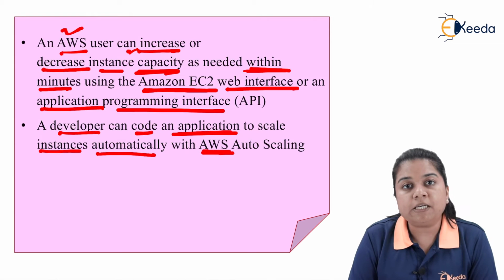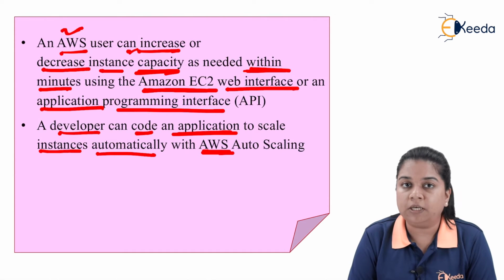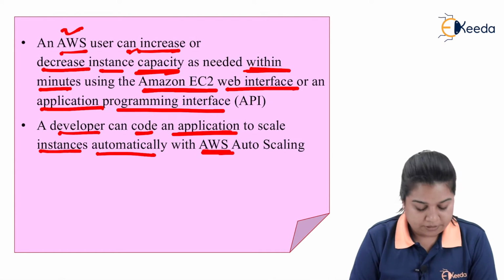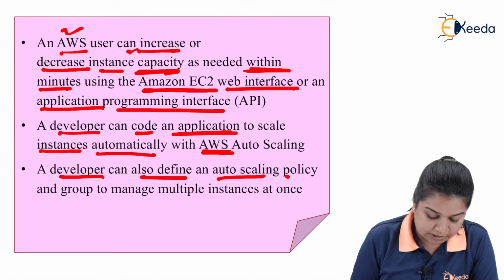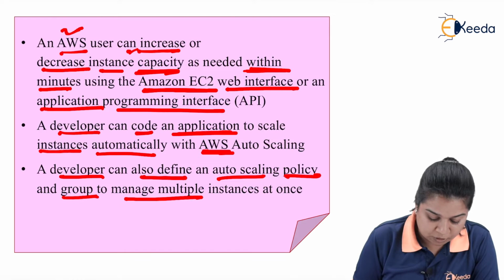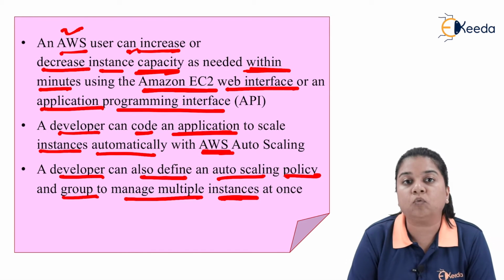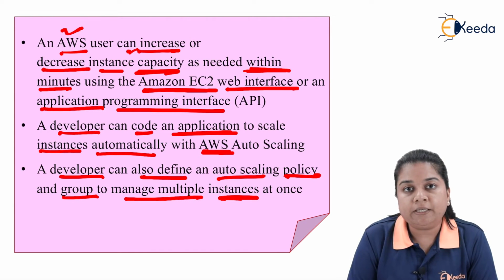See, the scalability is also being provided to the user with the help of this particular service. Then a developer can also define an auto scaling policy and group to manage multiple instances at once. That means the multi-tenancy feature of cloud computing service is also being provided with this EC2 cloud.